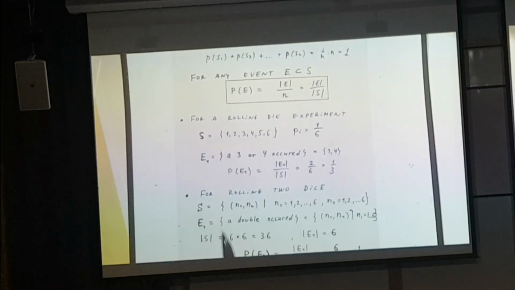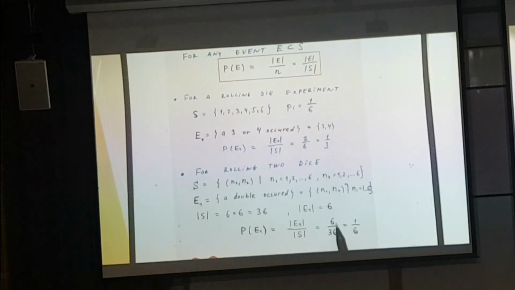And say, for example, if we want to calculate the probability that a double occurred, right, we find all points which are included in the subset, which are points like 1, 1, 2, 2, 3, 3, 4, 4, 5, 5, and 6, 6. So there are 6 points there. Therefore, the probability for that event is 6 divided by 36, or 1 out of 6. And I stop here, and I will continue on the next lecture with problems.